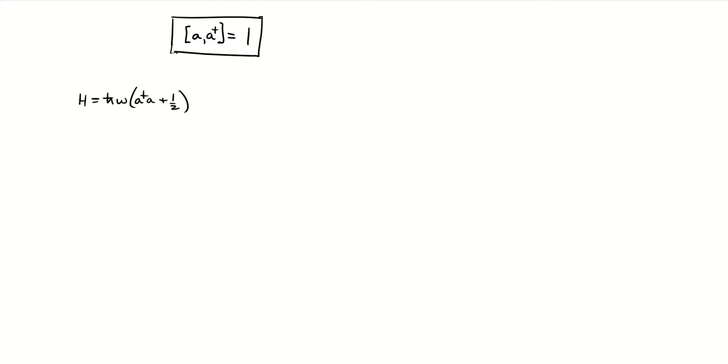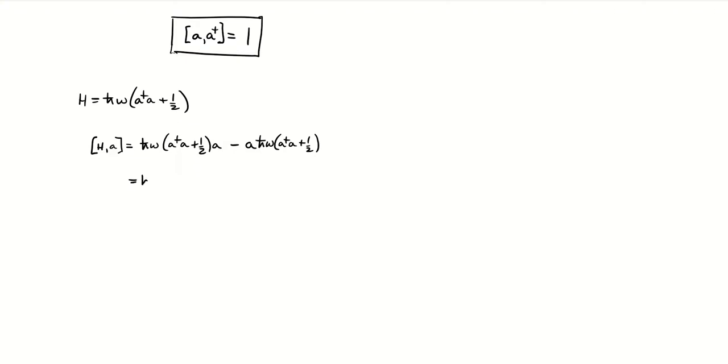So if we wanted to look at the commutation relation between the Hamiltonian and the lowering operator, say, we can figure that out. That's just h bar omega A dagger A plus 1/2 times A minus A times h bar omega A dagger A plus 1/2, right?